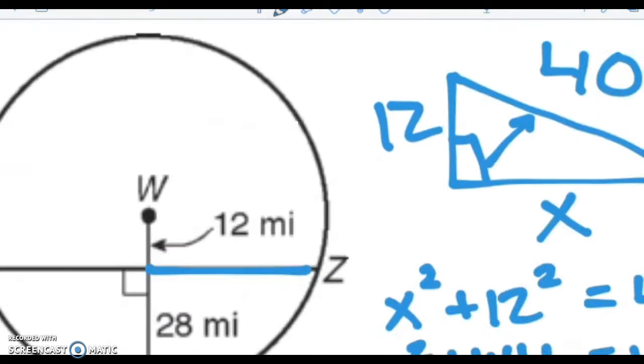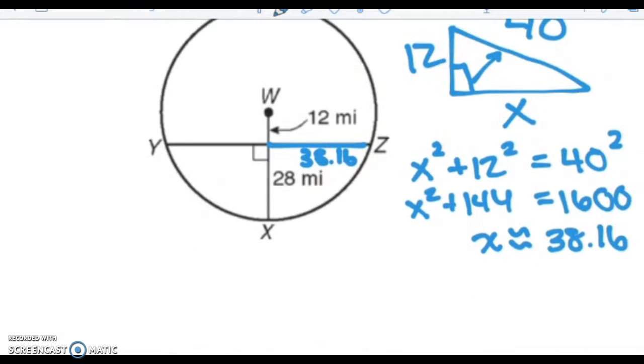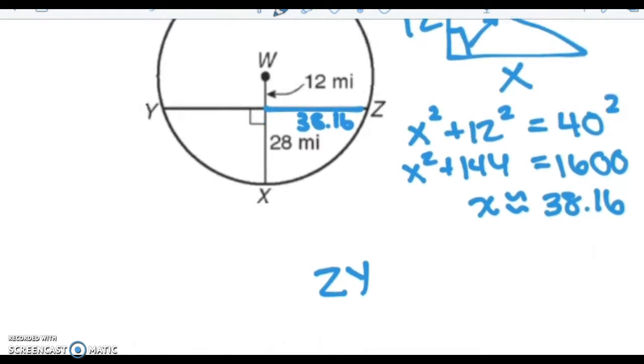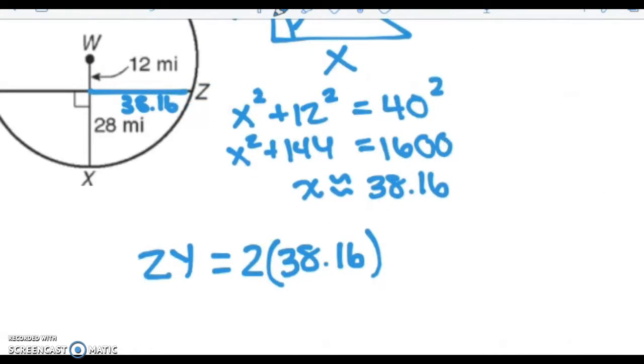So that's just my distance here, 38.16. So to get ZY, I would need to double that. 2 times 38.16, which would be 76.32 miles.